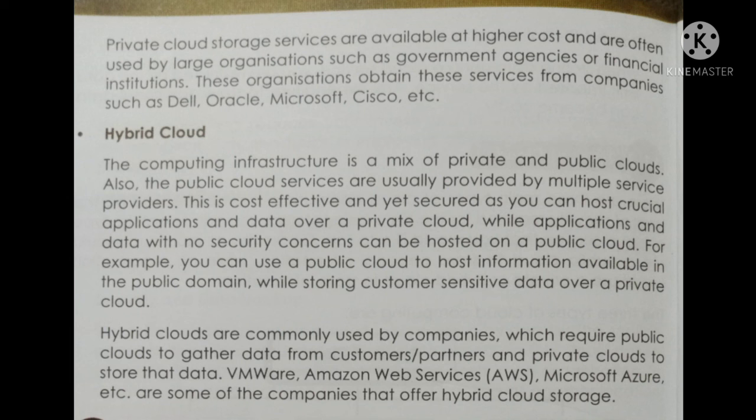Hybrid clouds are commonly used by companies which require public clouds to gather data from customers and partners, and private clouds to store that data. Amazon Web Services, Microsoft Azure, etc. are some of the companies that offer hybrid cloud storage.